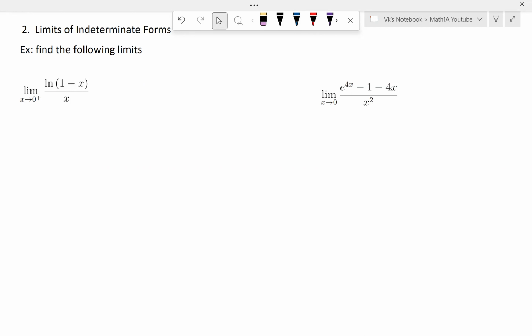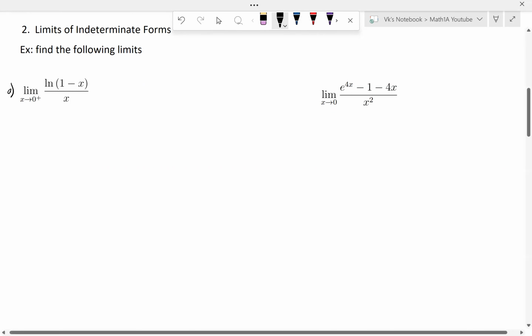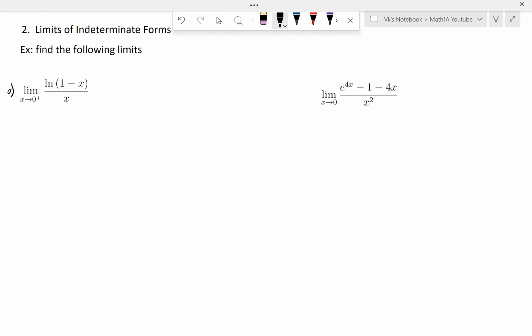First one, the limit as x approaches 0 from the right side of ln(1 minus x) over x. Do a direct sub here, and we have ln 1 over 0, which is 0 over 0. So ta-da, it's an indeterminate quotient.